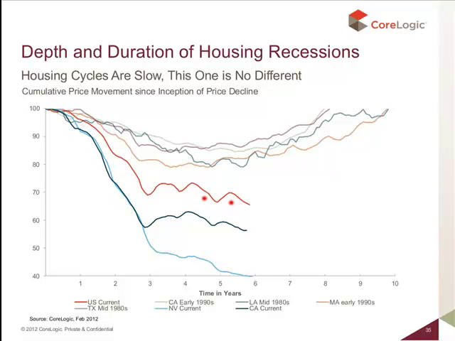Most recently, this is the national line. Cumulatively, you can see we've bounced our way down. We've lost about 35% cumulatively today. It's taken us almost 6 years to get there. So it's maybe a little bit longer, but timing-wise not too far off what our traditional cycle length would be to trough. We've included Nevada and California just as examples. Nevada's actually knocked over 40% off its prices, in over 60% off price levels, in California 40.